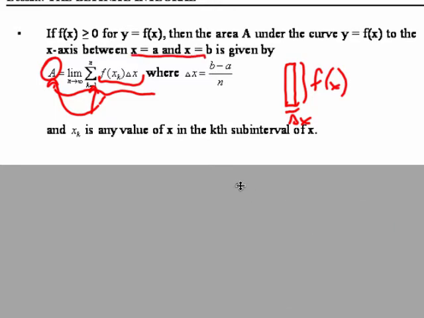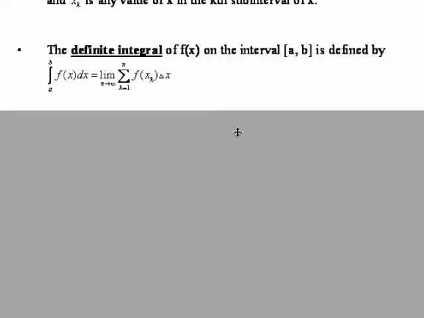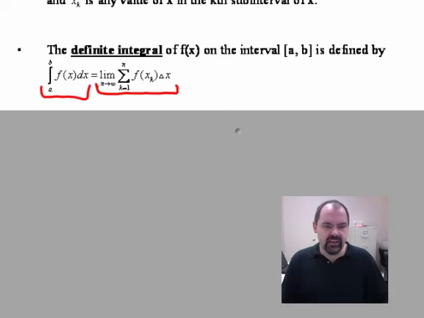Now what I want to introduce today is a replacement symbol for that called the definite integral. So this symbol is replaced by this symbol. Of course that looks like the integral sign for indefinite integration, which we've already talked about, but at this point you don't want to think of it that way.